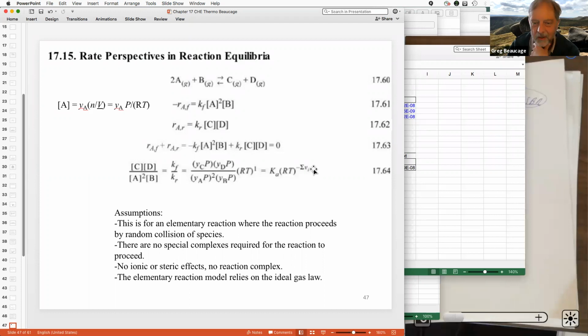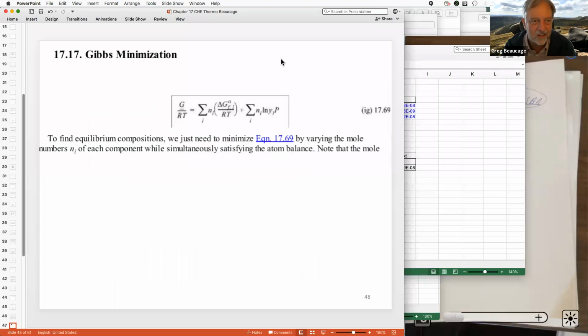If your sum of nus is 0, then this Ka is Kf over Kr. In other words, if you have the same moles in and moles out, then that ratio is Ka. That's used to derive the Langmuir equation for adsorption, for instance. But generally, that's not the case, so it's a little misleading, the stuff in that chapter.